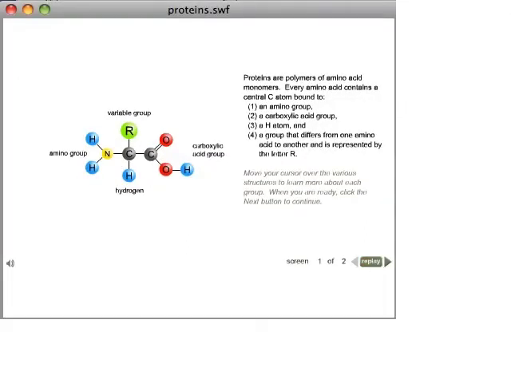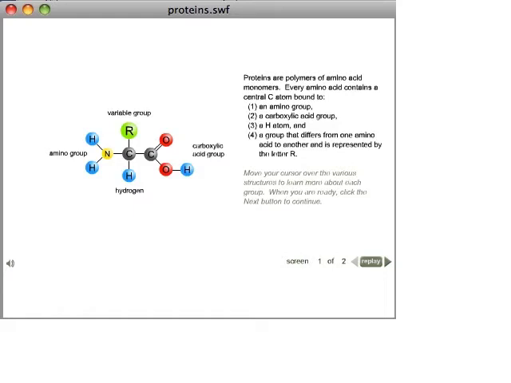Proteins are polymers of amino acid monomers. Every amino acid contains a central carbon atom bound to 1. An amino group, 2. A carboxylic acid group, 3. A hydrogen atom, and 4.